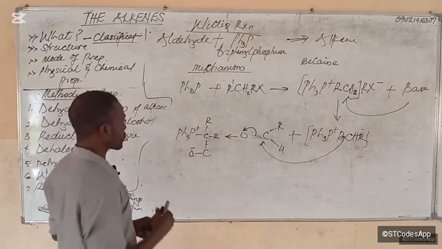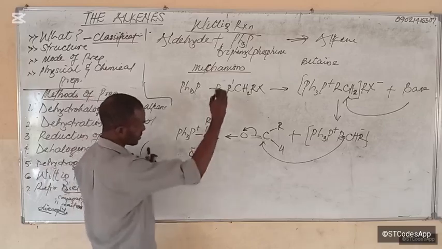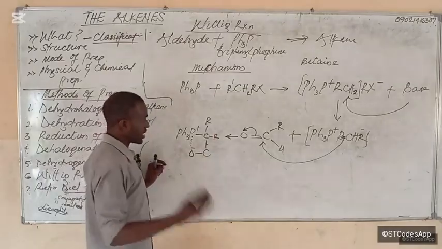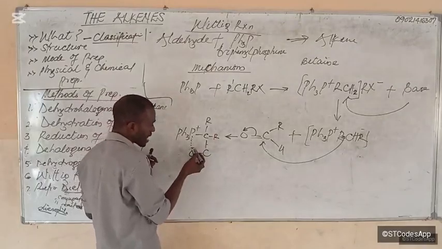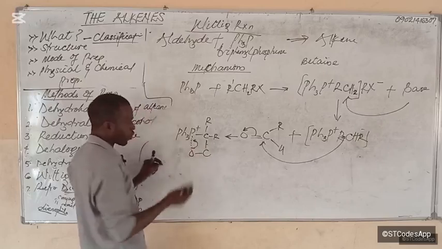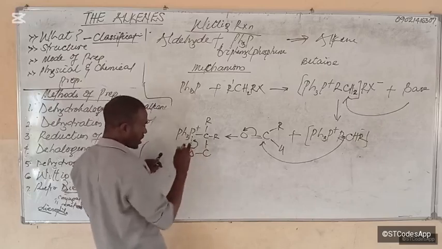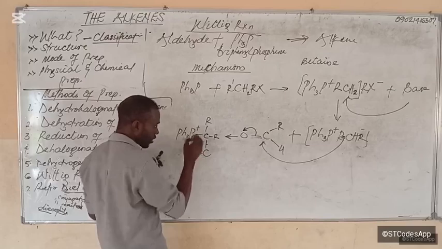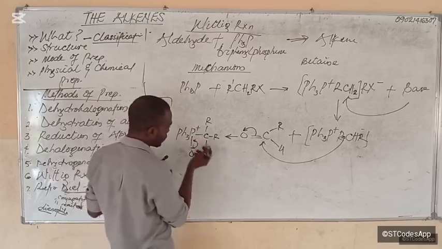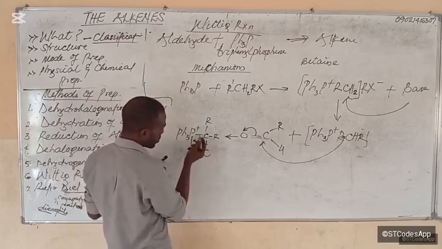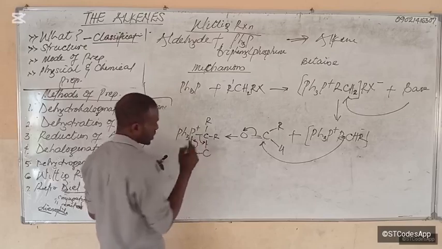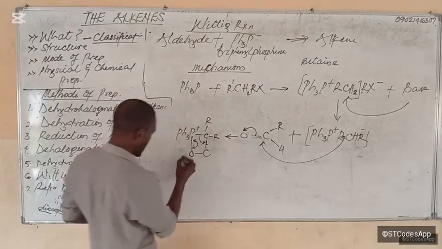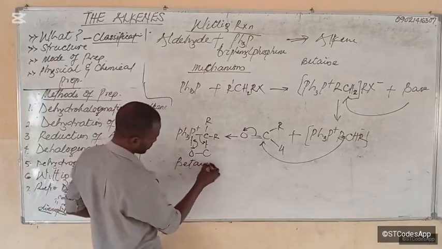Okay, so what will happen is that there's going to be a bond formed here, because this is going to attack this. So this will now attack this and form a second bond here, and with that, this bond here will cleave and form a double bond here. Does that make sense? So this here is called betaine, okay?